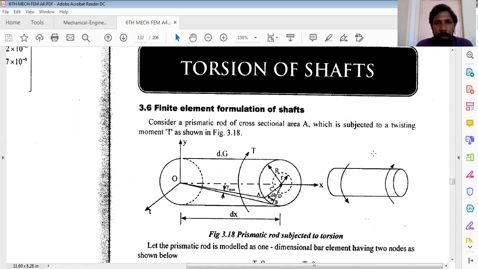In the torsion of shaft, it is required to consider the finite element formulation of shaft element.